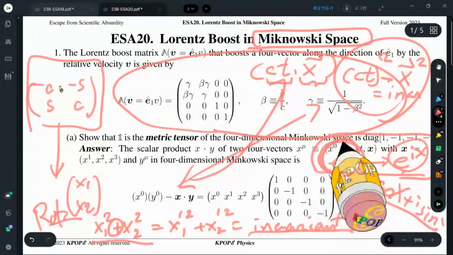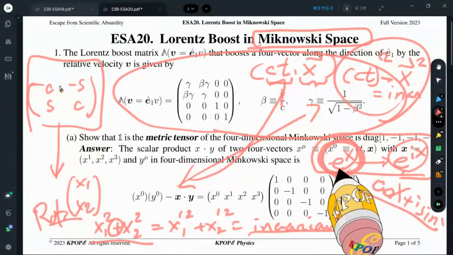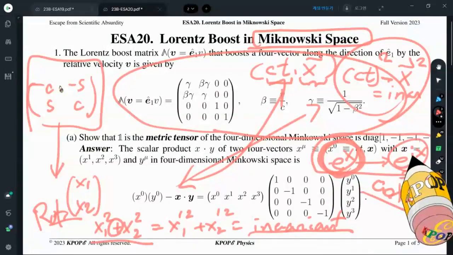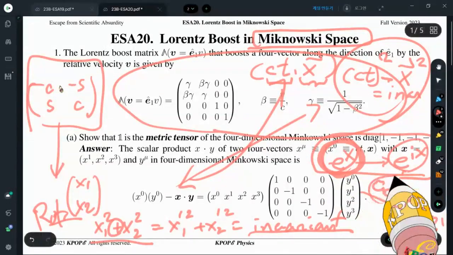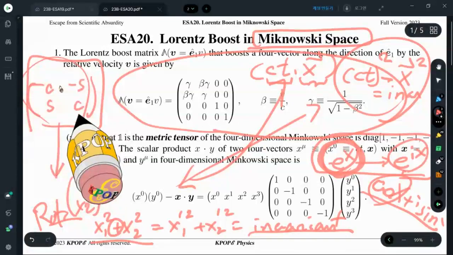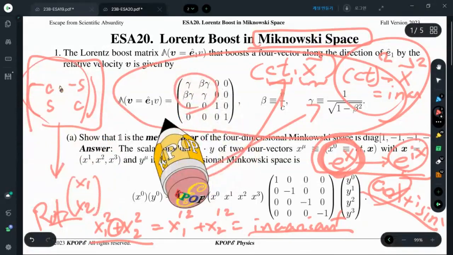But if you know what e to the x is, you can multiply i to this argument to find the structure of cosine and sine. Very strange, but this happens. So from this, we can guess what the structure of this boost matrix is.